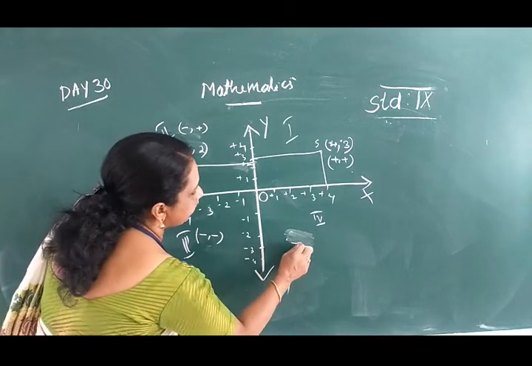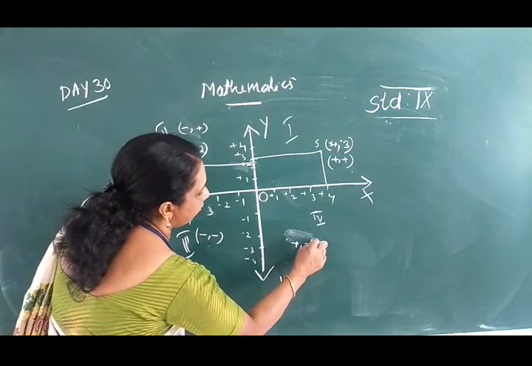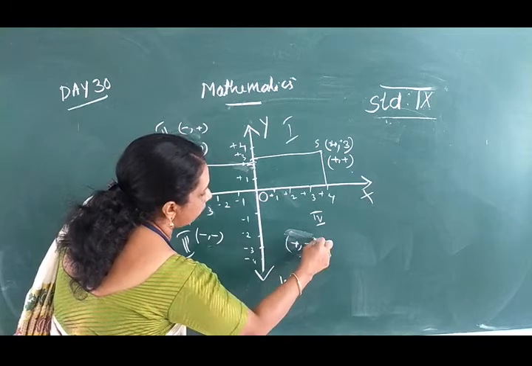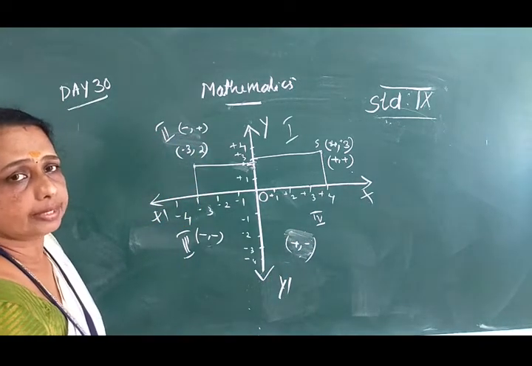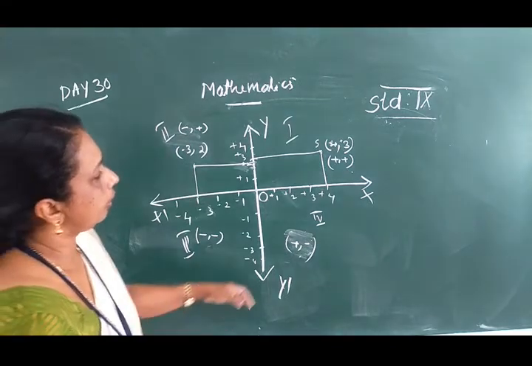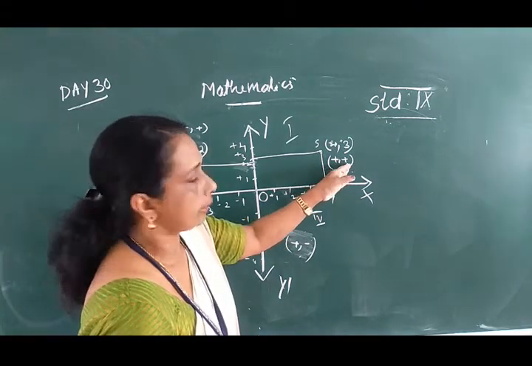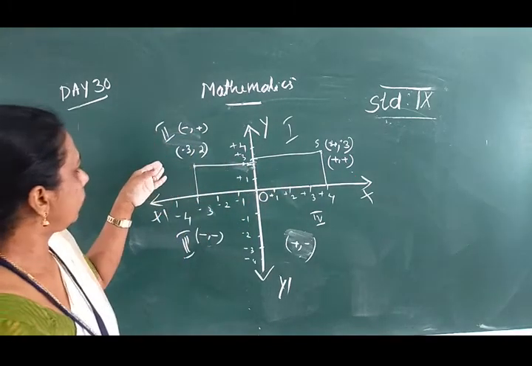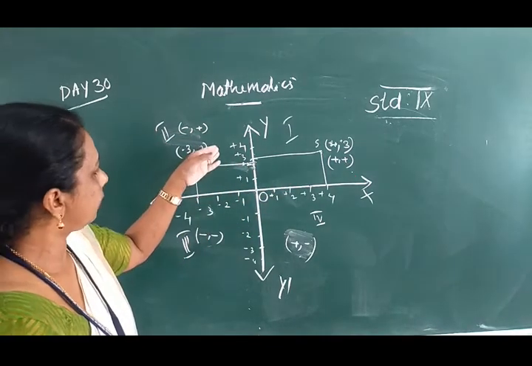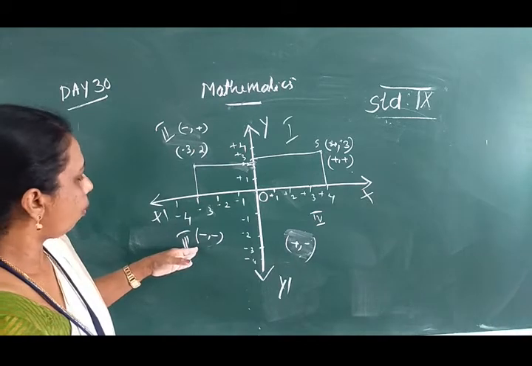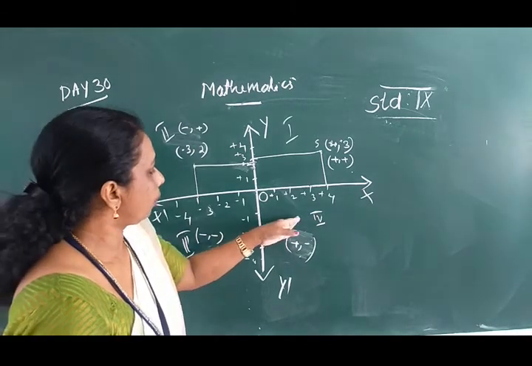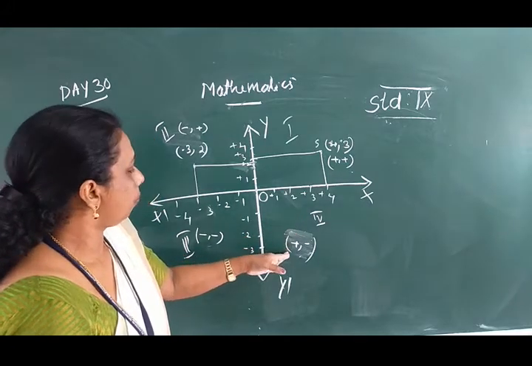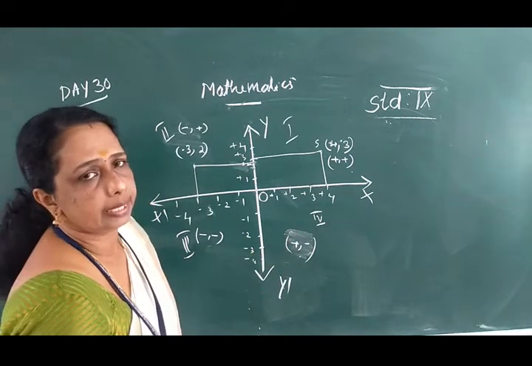So here x coordinate positive and y coordinate negative. These are the sign of the coordinates in the quadrants. The first quadrant, both x coordinate and y coordinate are positive. Second quadrant, x coordinate is negative and y coordinate is positive. Third quadrant, both the x coordinate and the y coordinate are negative. And fourth quadrant, x coordinate is positive and y coordinate is negative.